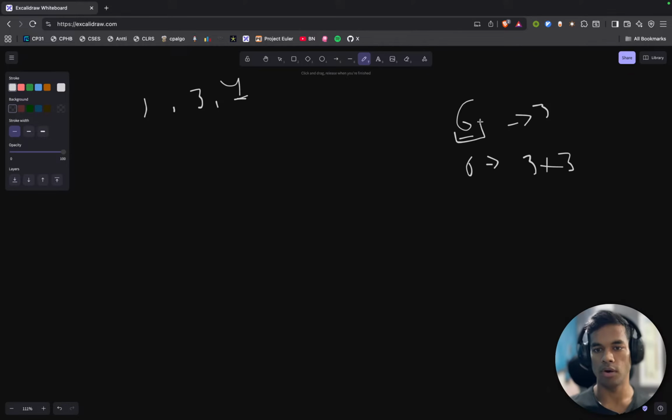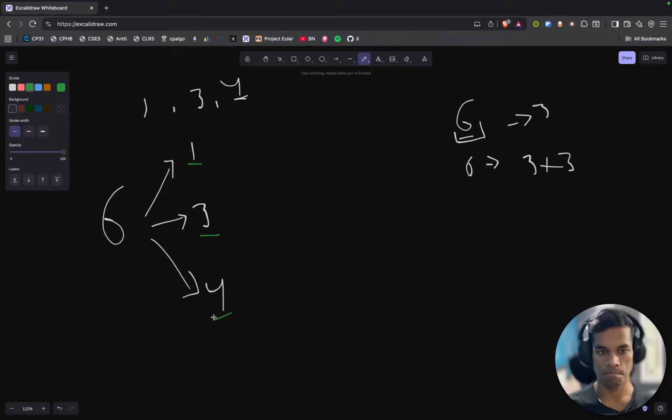And when we want our sum to be equal to 6, we have 3 choices. We could either choose 1 as the last coin, we could choose 3 as the last coin, or we could choose 4 as the last coin. And we are assuming that one of these choices is the correct one. Based on this choice, we break this bigger problem into a subproblem.